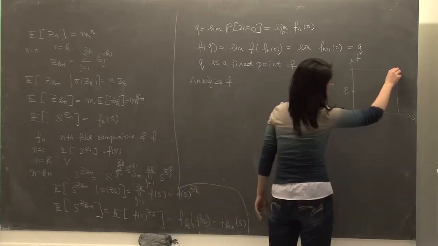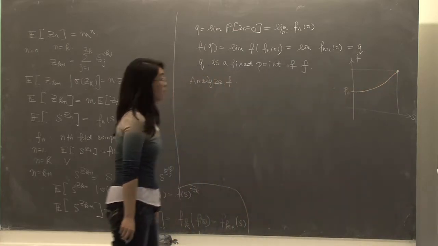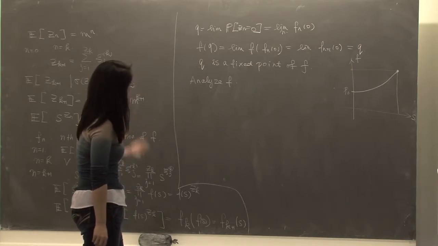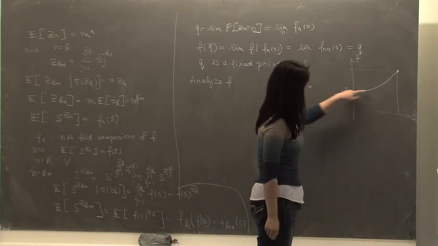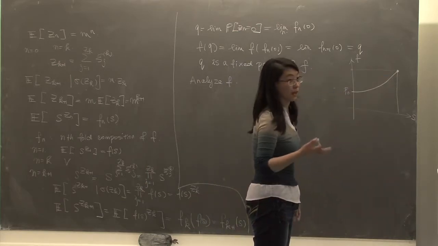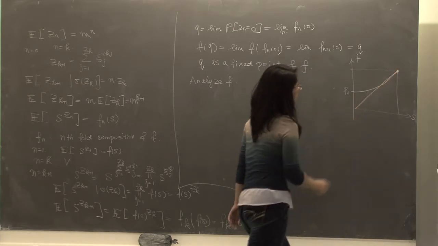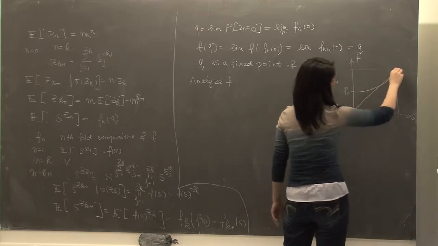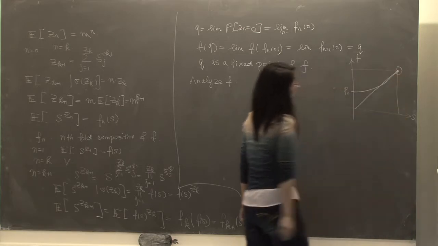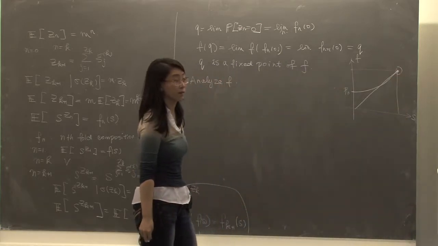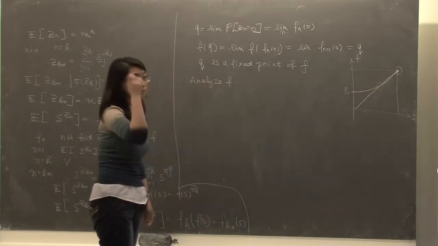So probably the graph of this function will look like this. And we want to study where the fixed point is. The fixed point is where the graph of the function intersects the straight line y equals x. So this is the graph of F and this is y equals x. And then we can see that here is a fixed point, because we always have F(1) equals 1. And here is another possibility for a fixed point.